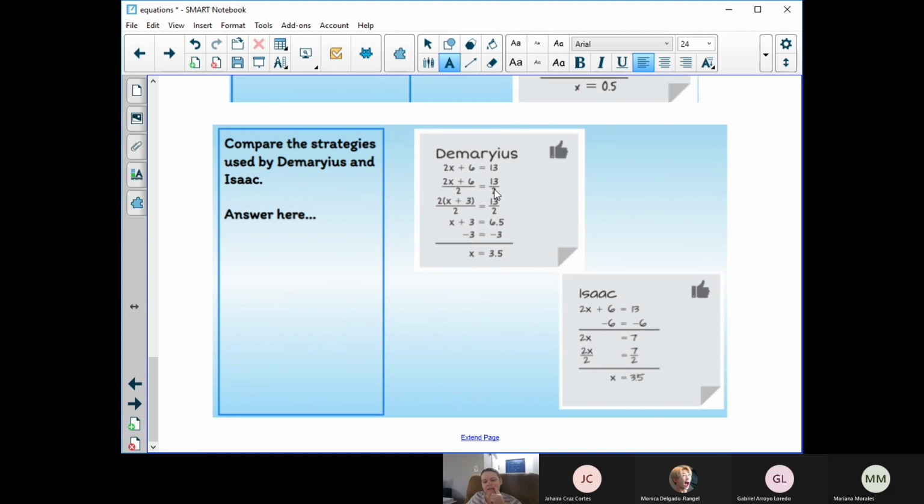All right. What about Demarius and Isaac? Demarius, we know, started by dividing. Isaac started by subtracting. So he undid the addition first. Did they both end up with the same answer?